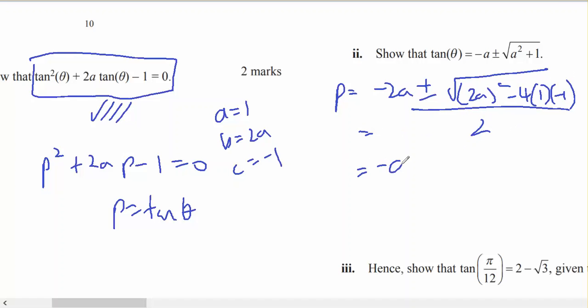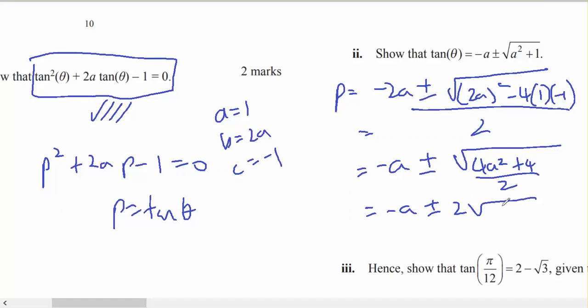That gives me minus a plus or minus the square root of 4a squared plus 4 all on 2, which is minus a plus or minus 2 root a squared plus 1 all on 2, which is minus a plus or minus the square root of a squared plus 1, and that's the correct answer.